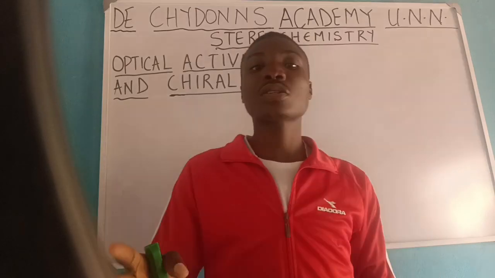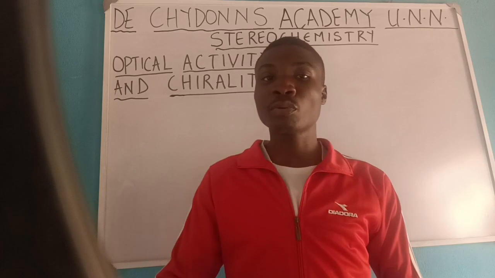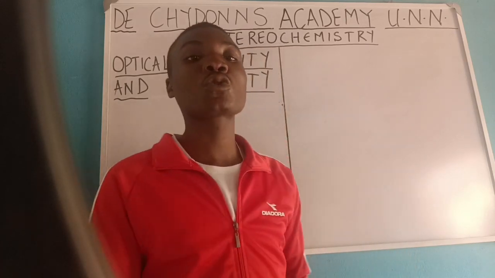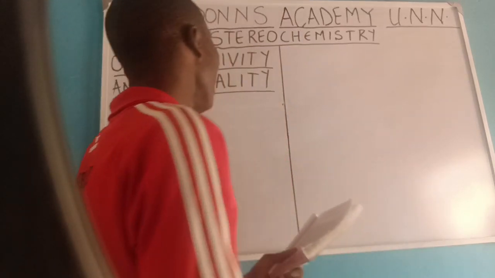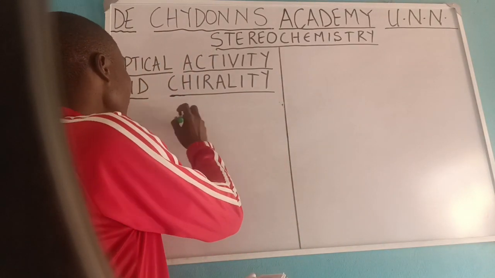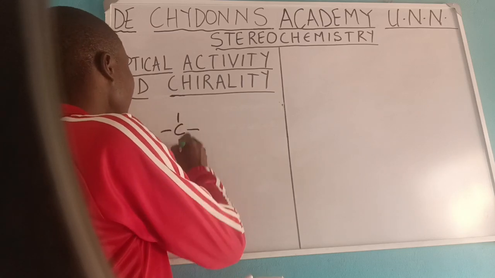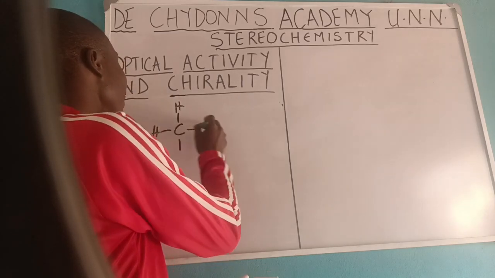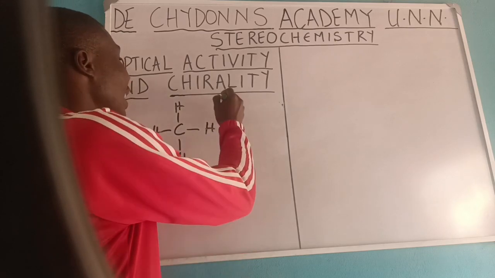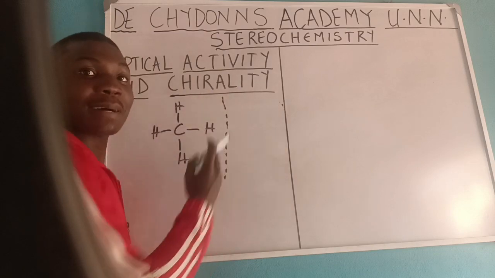Thalidomide happens to have two mirror images that are non-superimposable on each other. What do I mean by non-superimposable? If you look at a structure like this, this is hydrogen, this is hydrogen, this is hydrogen, this is hydrogen, and then you put something that looks like a mirror here to mirror this particular image.